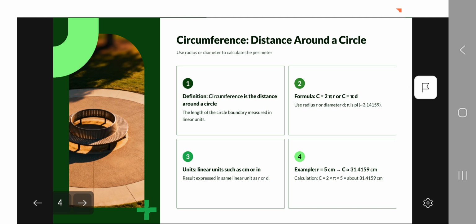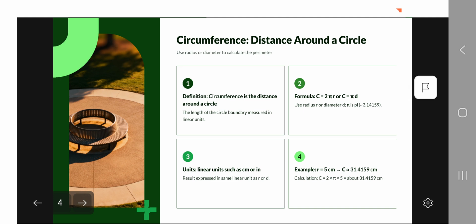So the units: linear units such as centimeters or inches. Centimeters and inches are the two key measurements that I always measure my stuff. The result is expressed in the same linear unit as R or D. So here's an example. The radius equals 5 centimeters.